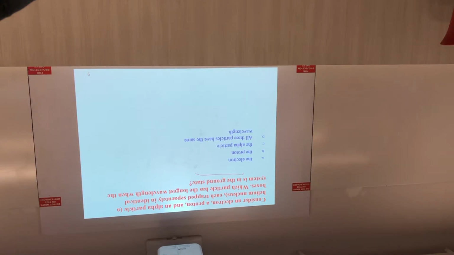Alpha. Don't worry, you can be wrong. So what do you think is the correct answer? Which ones do you want to support? Do you like the electron over the proton? B? Okay, so we have one vote for B. B or D?